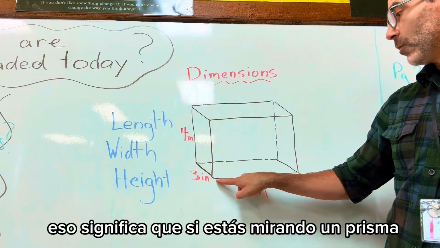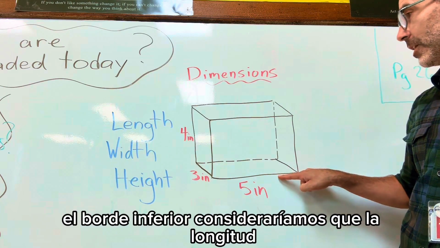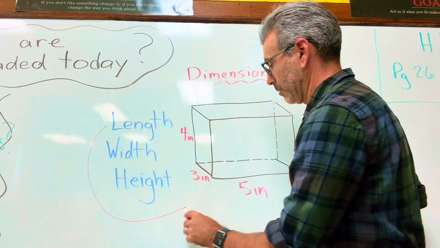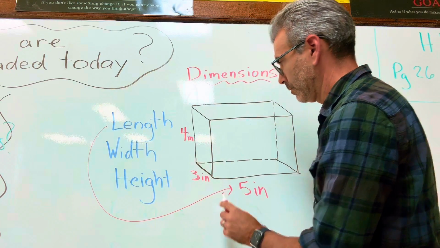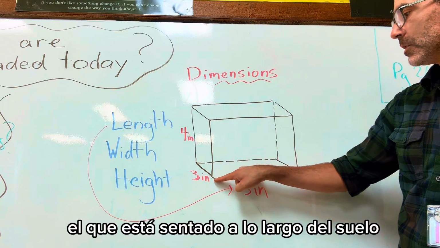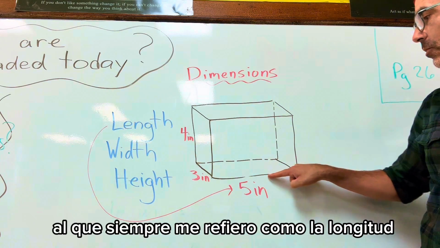So that means if you're looking at a prism, the very bottom edge, we would consider that the length. Okay. Again, bottom edge, the one sitting along the ground, that I always refer to as the length.